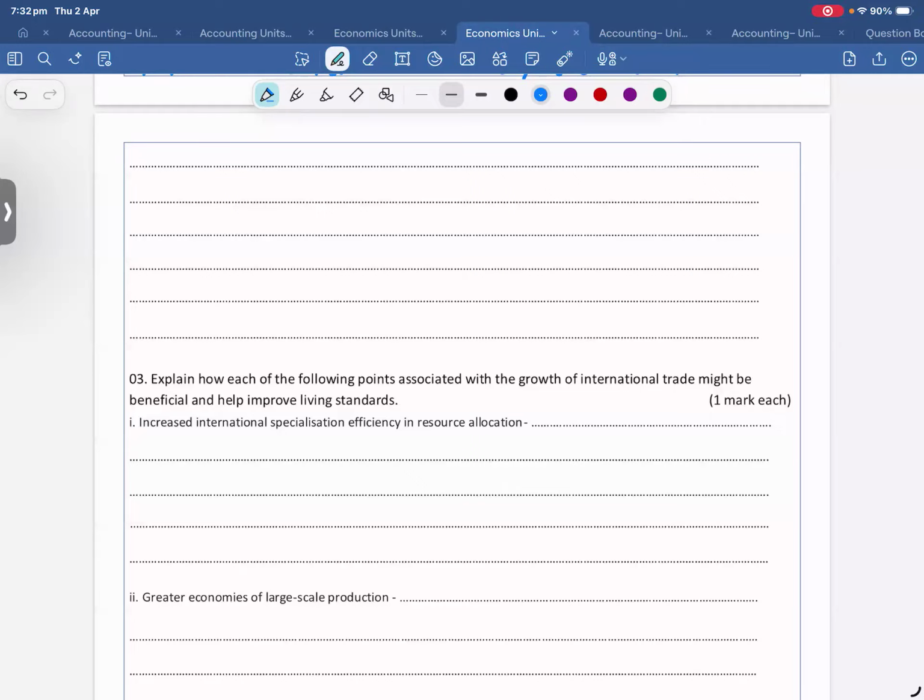Right? Increase international specialization, efficiency in resource allocation. So, do you think so?